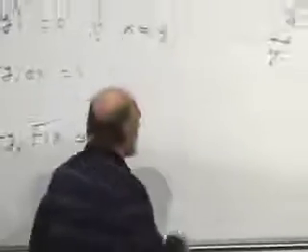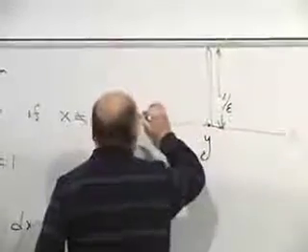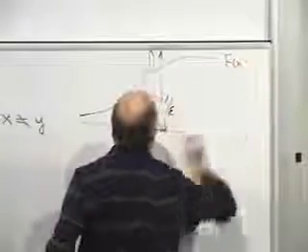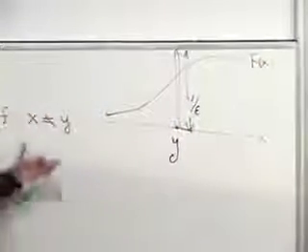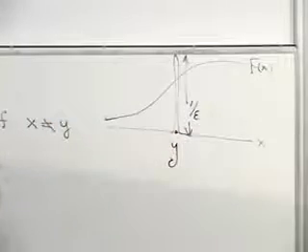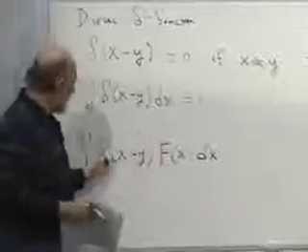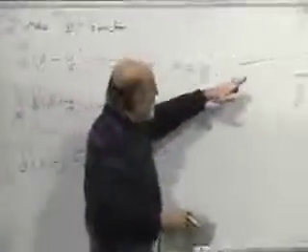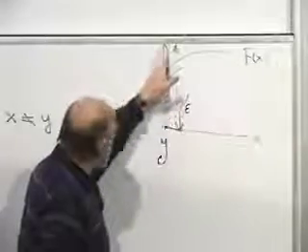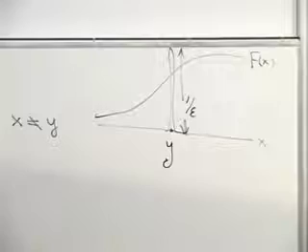So here's a way to think about it. Supposing this point is the point y. We have some function f of x, and the value of the function away from this point is quite irrelevant to the integral, because when we multiply f of x by the delta function, it is 0 on both sides here, and only the value of the function in this narrow interval can be important.